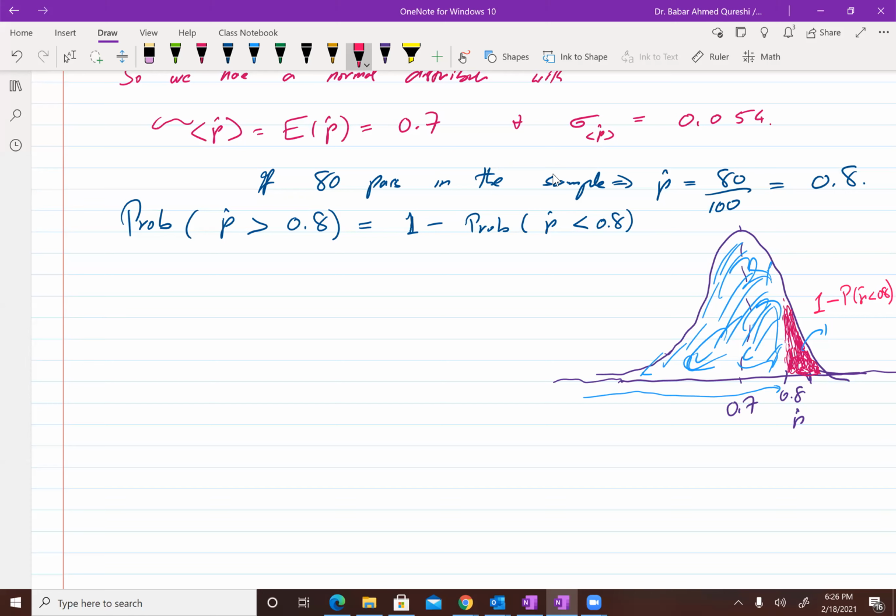It's very clear from the graph. The area less than 0.8 is all the probability for this variable to be less than 0.8. But you need this one, and this is equal to this. Now you can compute this.